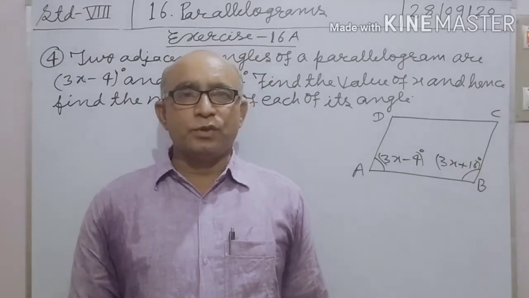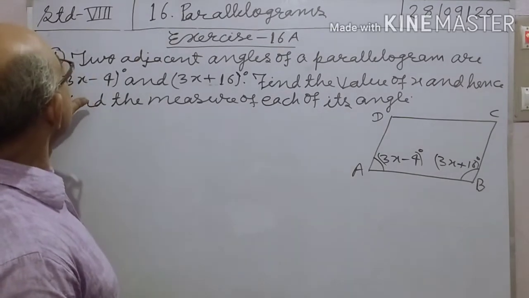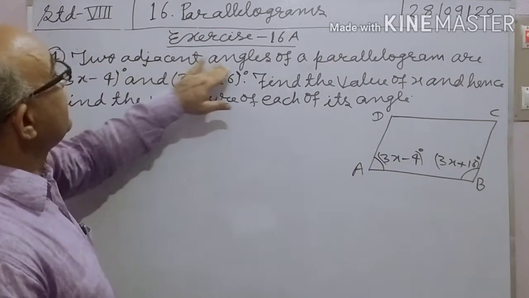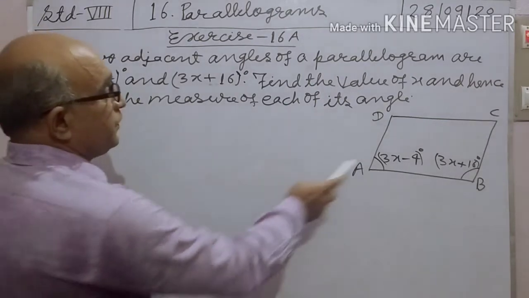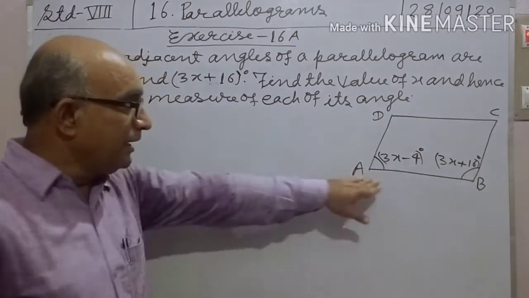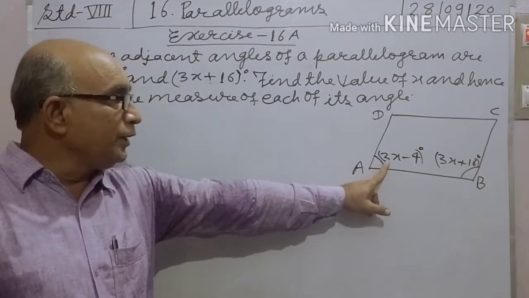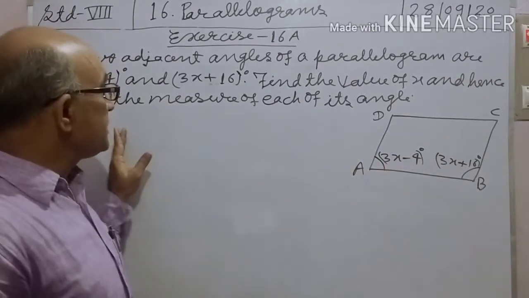Students, next question is question number 4 of this exercise. In this question, two adjacent angles of a parallelogram are 3x minus 4 and 3x plus 16. Adjacent angles A and B. Angle A equals 3x minus 4 degrees and angle B equals 3x plus 16 degrees.